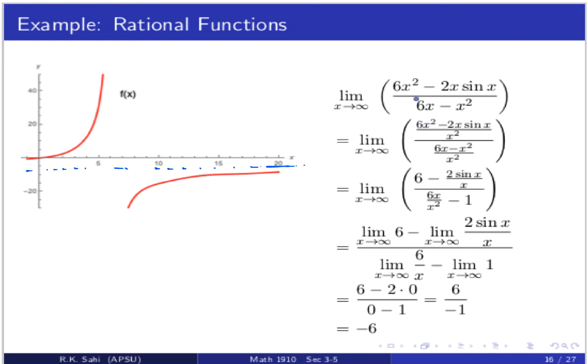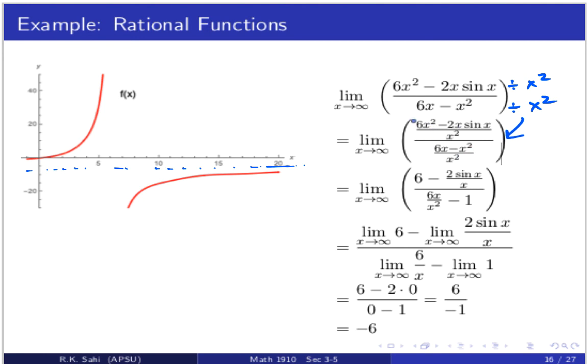First of all, you look at this function. You notice the denominator has a degree 2. So what you're going to do, you're going to divide the numerator by x squared. So you're going to divide this by x squared and also divide the denominator by x squared. You get this next expression. 6x squared minus 2x sine x over x squared, 6x minus x squared over x squared.